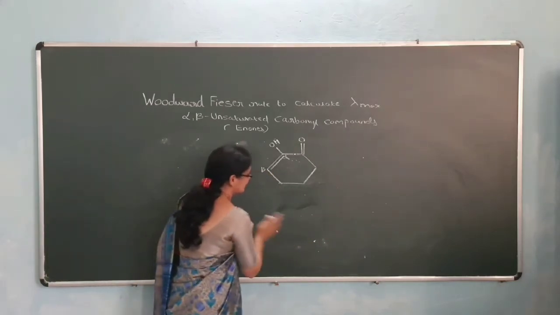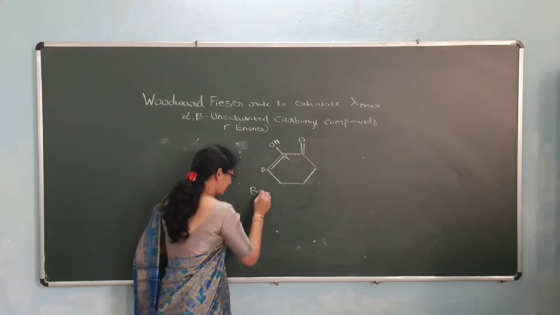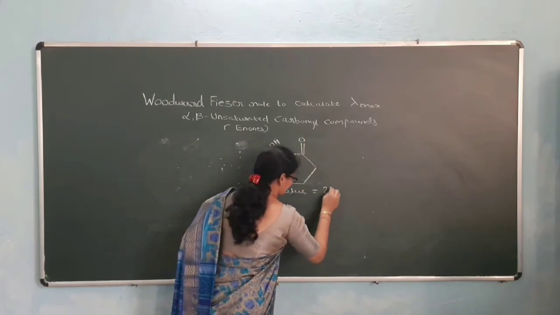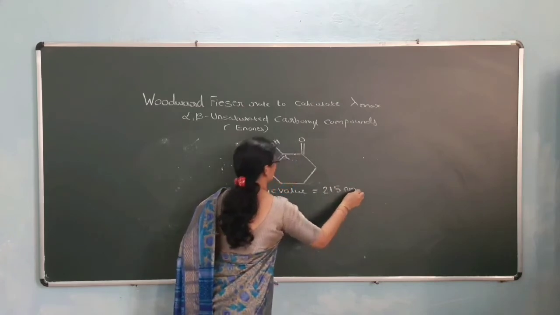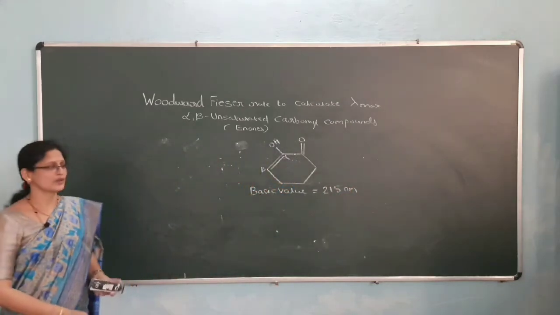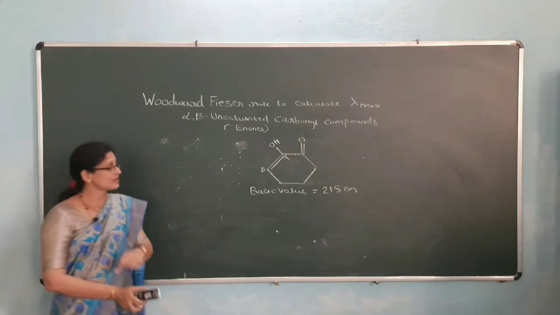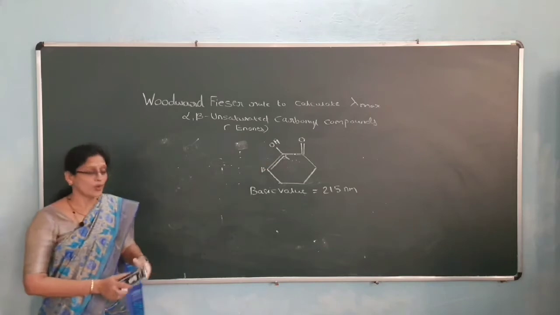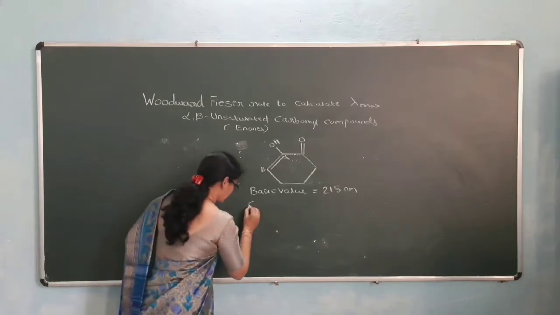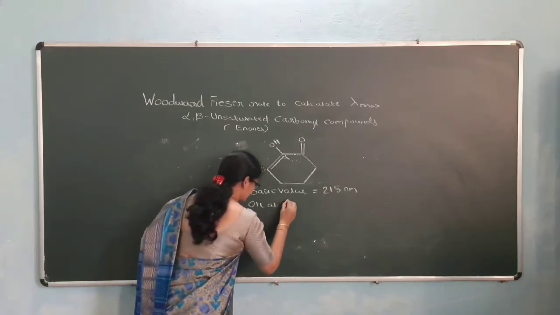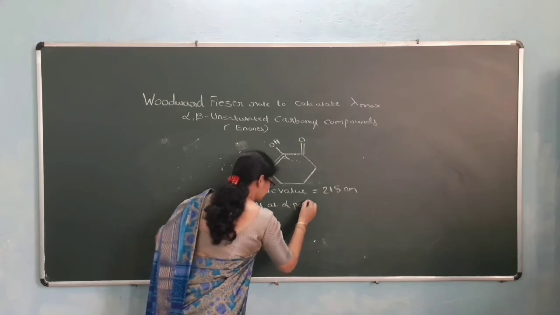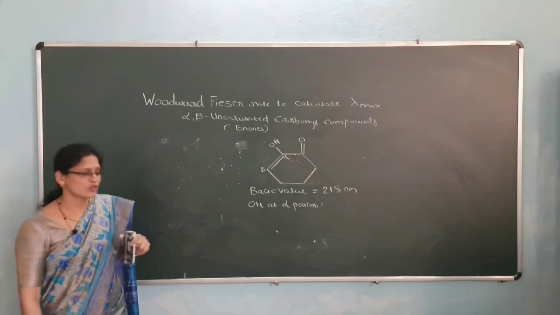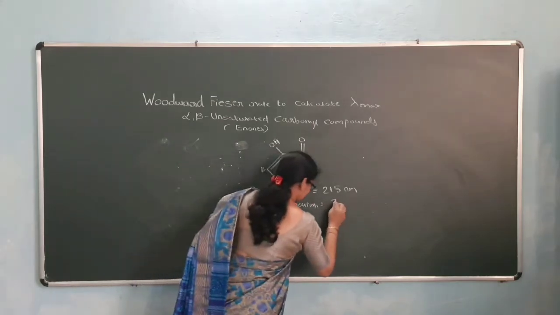It is a cyclic compound, 6-membered, so the basic value is 215 nanometer. Now check for the substituent. You have the substituent at alpha position, the OH group. If the OH is at alpha position, plus 35 should be added.